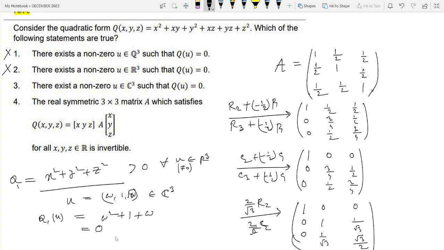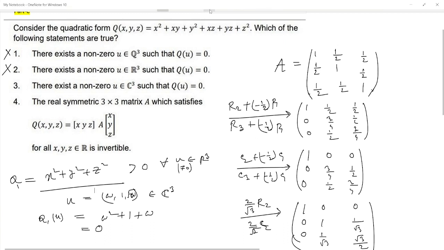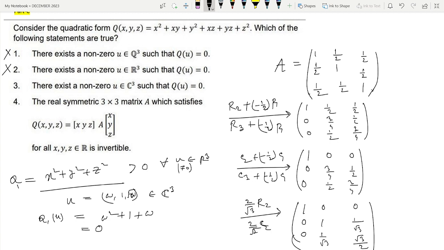So such non-zero u belongs to C3 can be found such that Q equal to 0. And such u can be found in C3, because all the polynomials will split in C. So option 3 is the correct option.